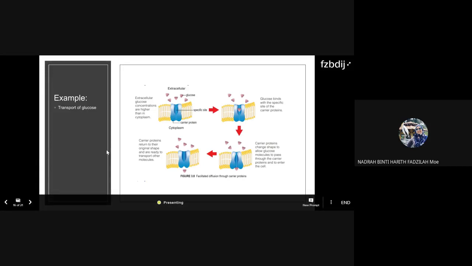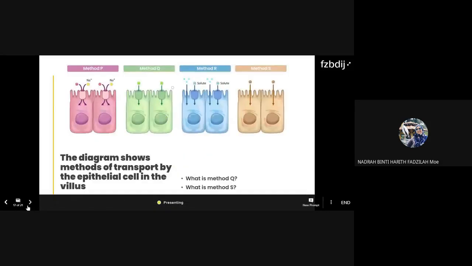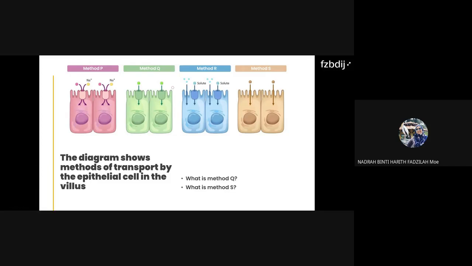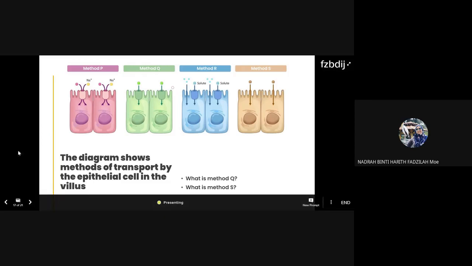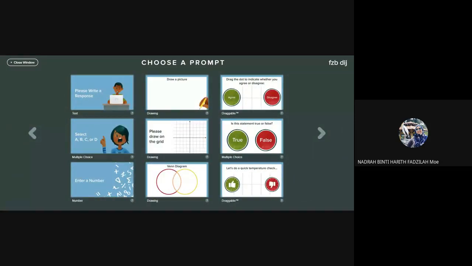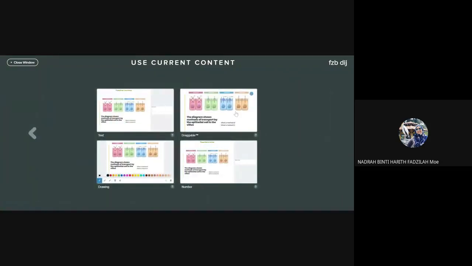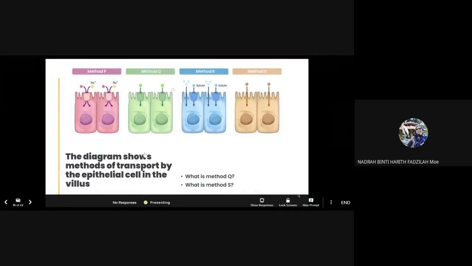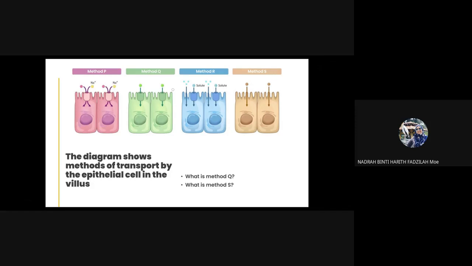Kita dah belajar the structure of villus found in the small intestine. Sekarang kita nak apply ilmu atau pengalaman yang kita belajar daripada transport of digested substances dekat villus tu, sekarang kita nak apply kat sini.